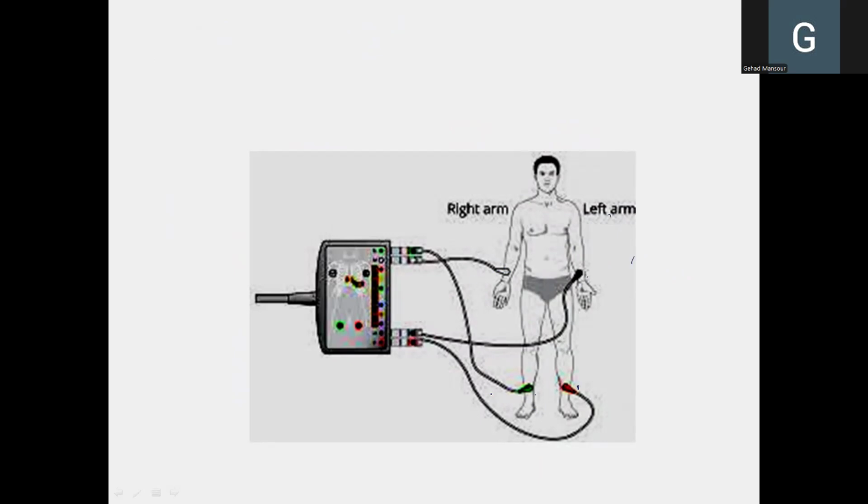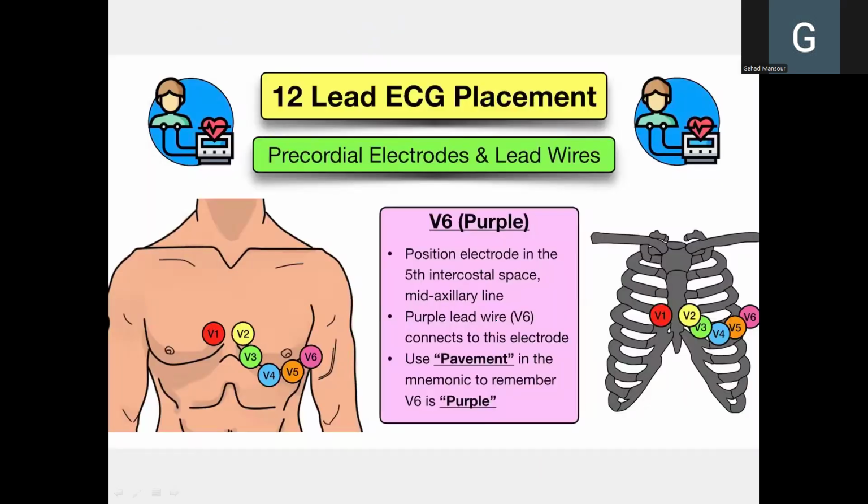Here you have 4 cables that arise from each of the limb electrodes, and arising from the 6 chest electrodes, we have 6 cables, and there are 2 additional cables. But we are not going to go into the details of the cables and why they're 12 and not 10. What's important is the positioning of the chest electrodes.